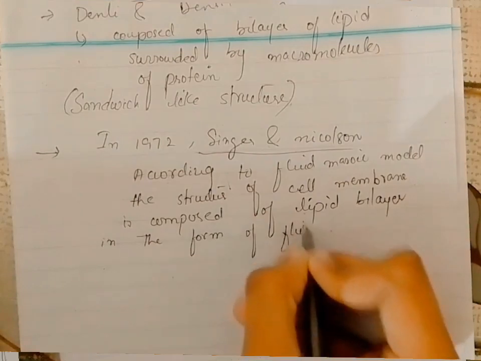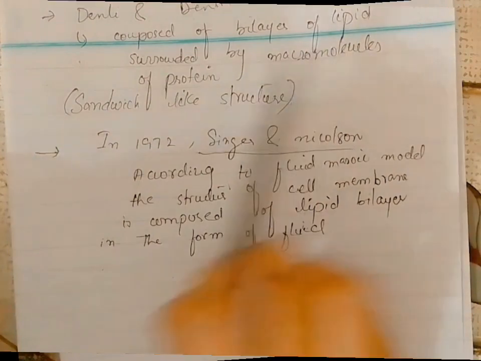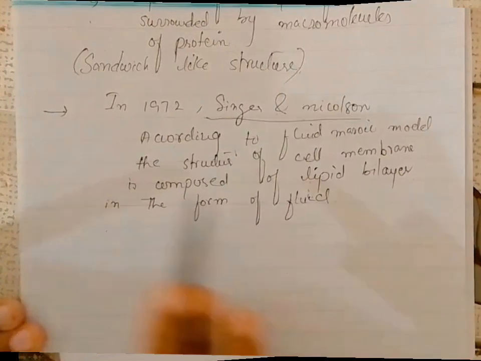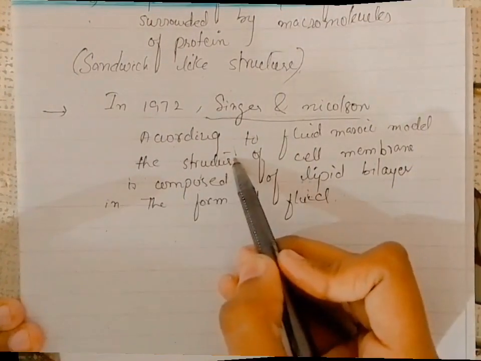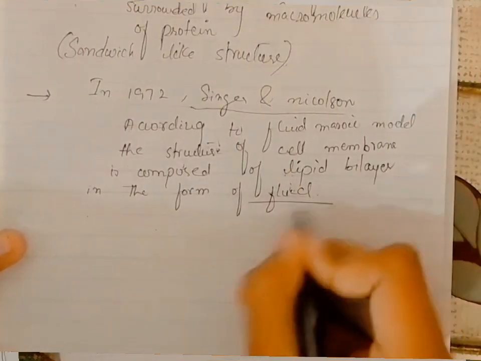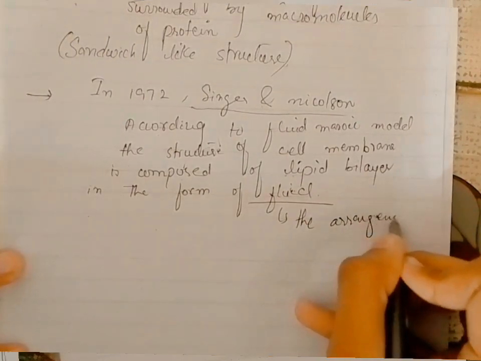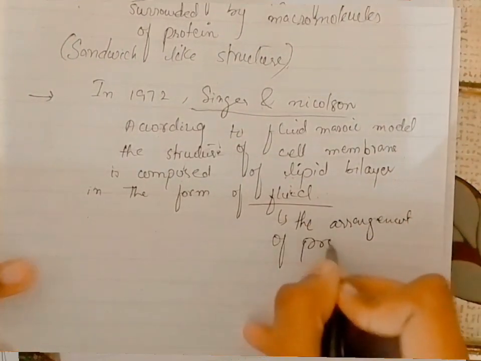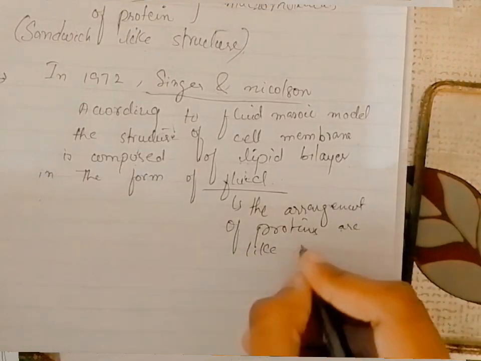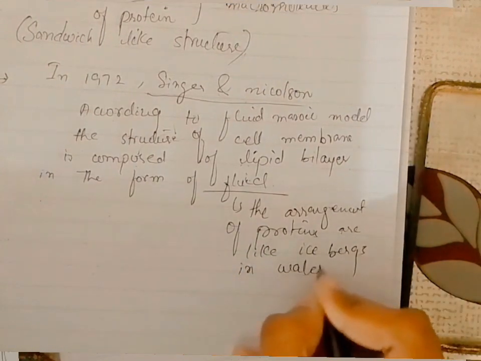Danielli and Davson said that it is composed of a lipid bilayer, but as a sandwich-like structure. But according to the fluid mosaic model, the cell membrane is composed of a lipid bilayer in the form of a fluid.